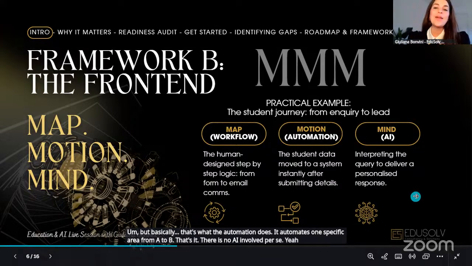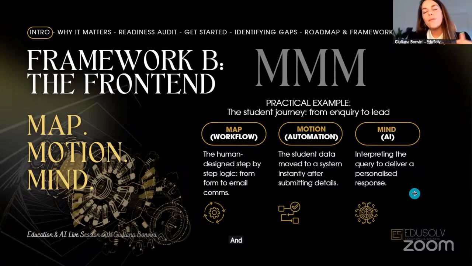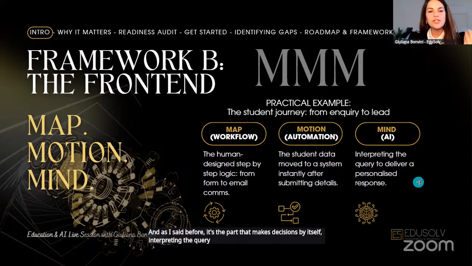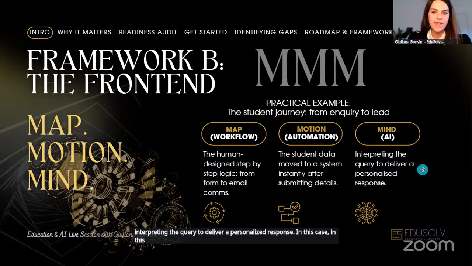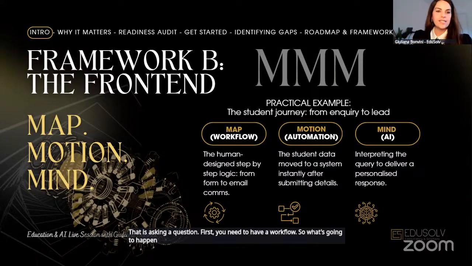And then we have the mind, which is the AI, the brain. And as I said before, it's the part that makes decisions by itself, interpreting the query to deliver a personalized response in this example. So when you have a lead, a student that is asking a question, first, you need to have a workflow. So what's going to happen? The student is going to send an inquiry, ask a question. How is this going to happen?